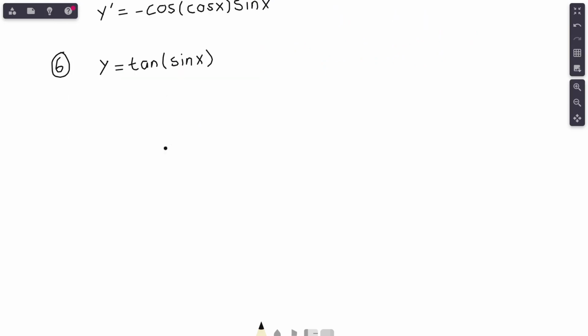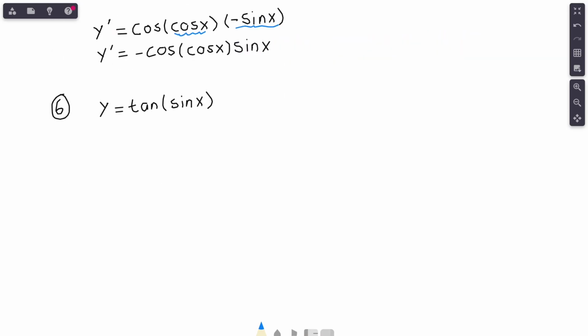So in this one, we have y equals tangent of sine x. So kind of like the first one, let's identify our outside function and our inside function. So our outside function is going to be tangent.